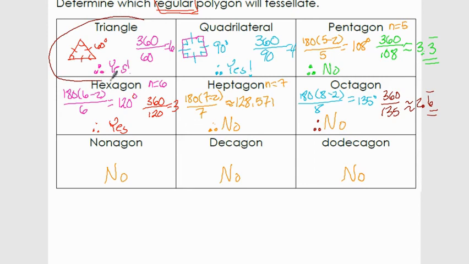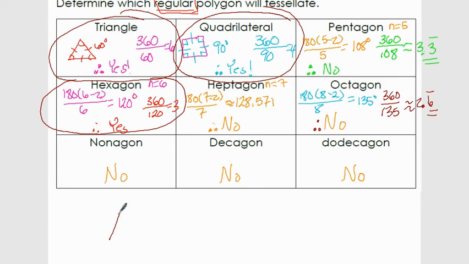So triangles will tessellate. Quadrilaterals, regular quadrilaterals, which are really squares, will tessellate. Hexagons will tessellate. Okay, and so you can draw and see that triangles will tessellate, that you could draw them and that they will fill all of the space around a single point.